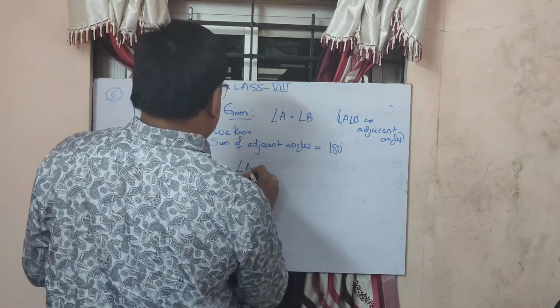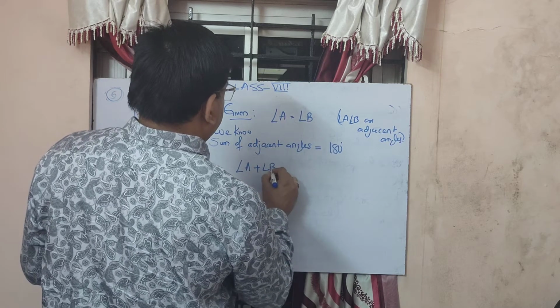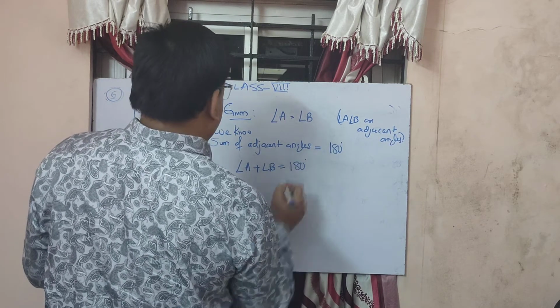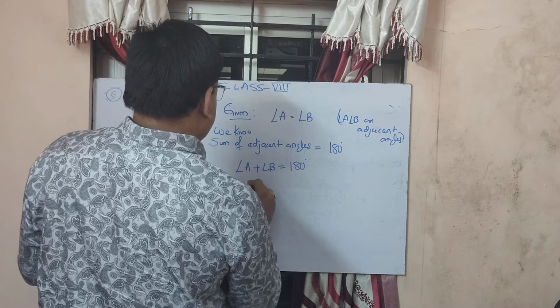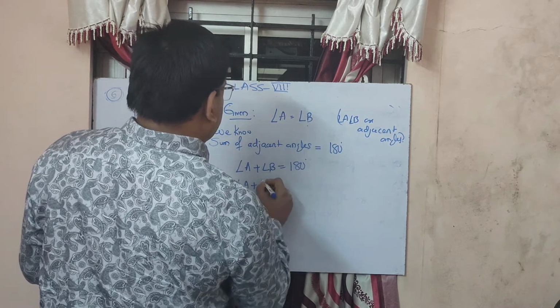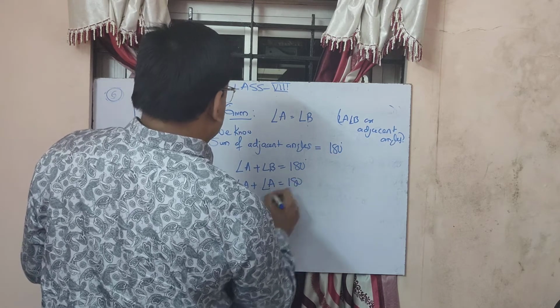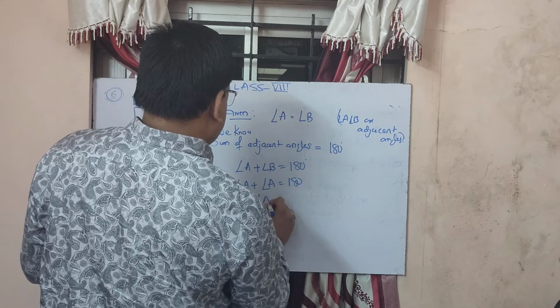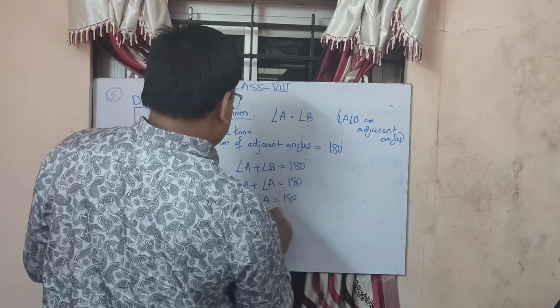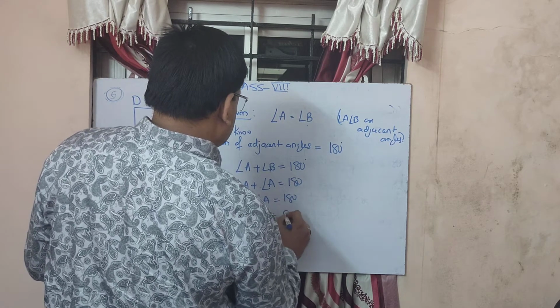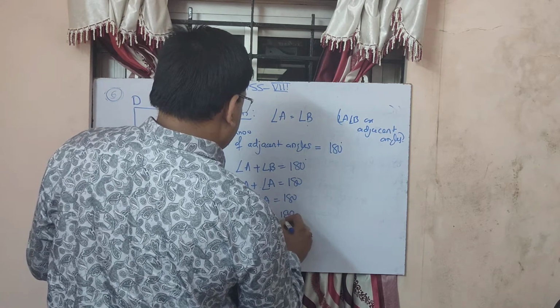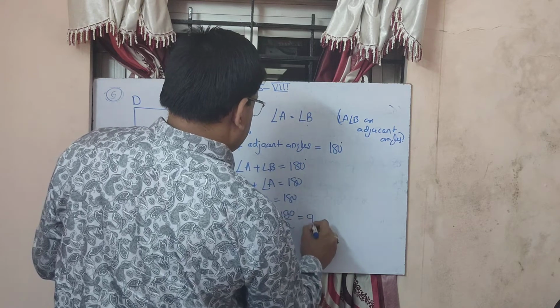Therefore, angle A plus angle B is equal to 180. But angle A is equal to angle B. In place of B, you can write angle A. So that is 2 times angle A is equal to 180. Therefore angle A is equal to 180 divided by 2, that is 90 degrees.